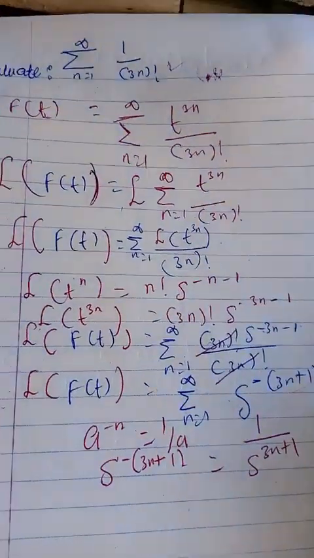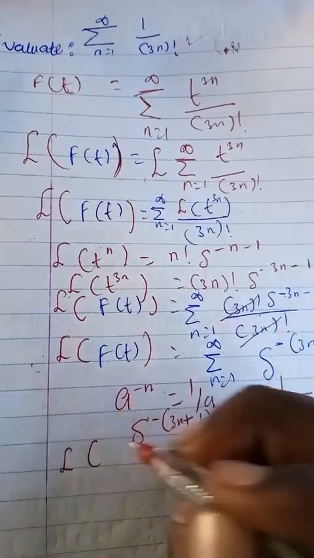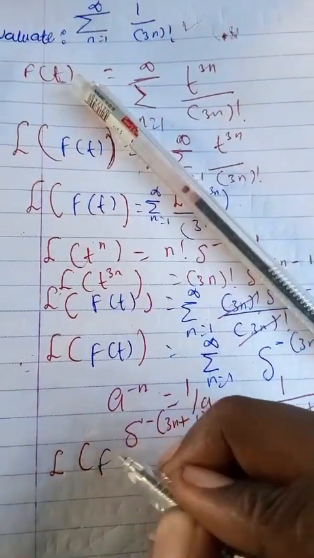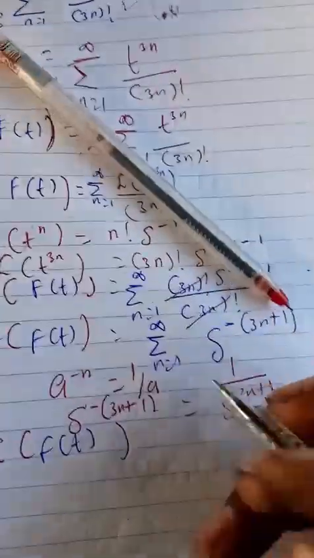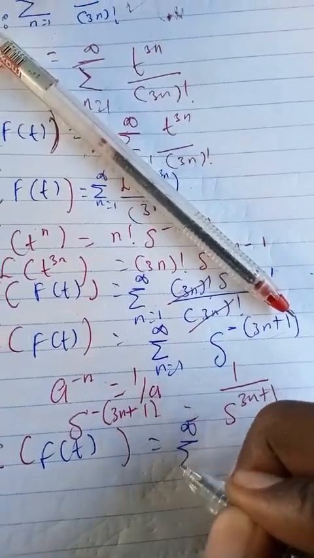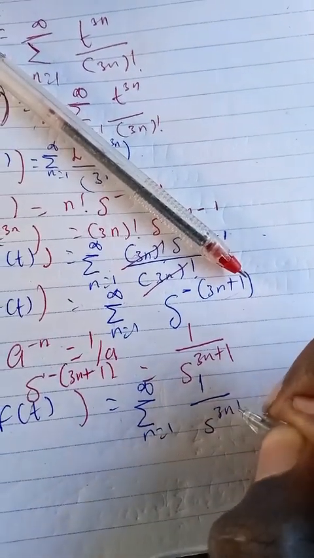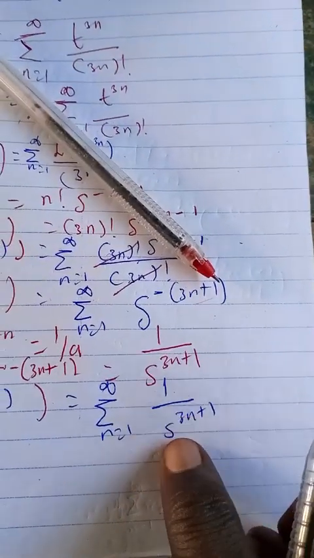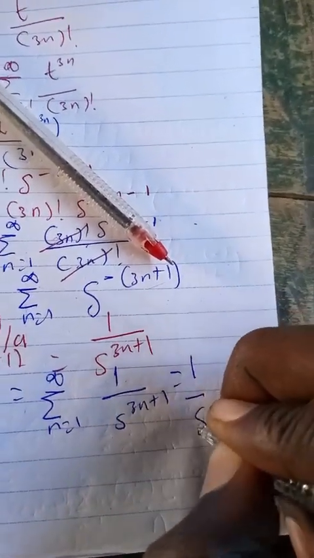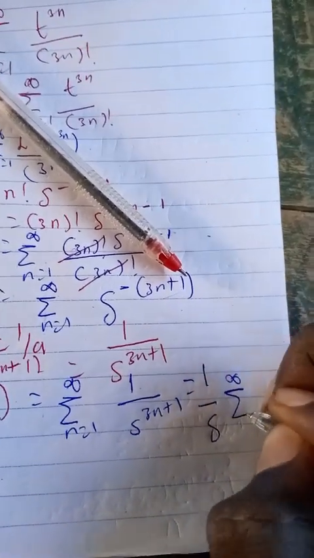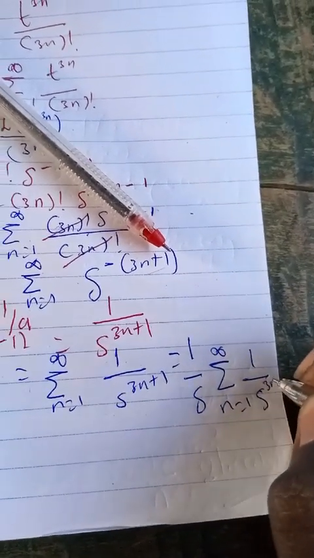Now I have my Laplace transform of f of t is equal to the sum of n running from 1 to infinity of 1 over s raised to the power of 3n plus 1. I can factorize s out from the denominator, so I have 1 over s multiplied by the sum of n running from 1 to infinity of 1 over s raised to the power of 3n.